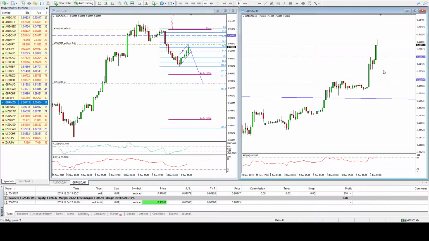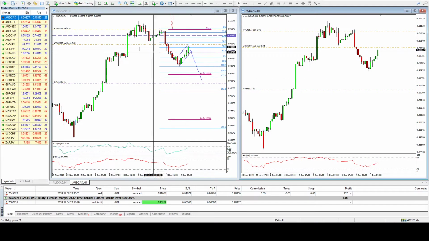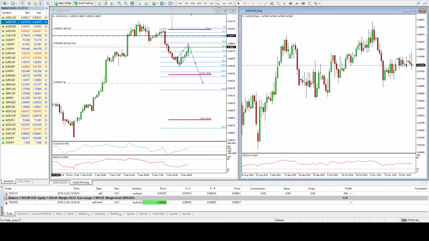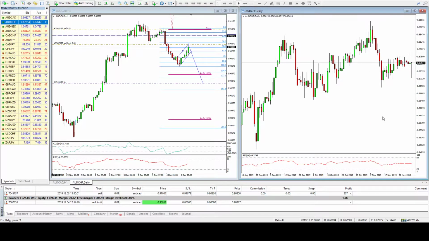Okay. All right, let's see what else is out there. This is Aussie CAD. I'm already on that. Aussie CHF, Aussie franc. Let's see. This is a nice flag, but it's not very.